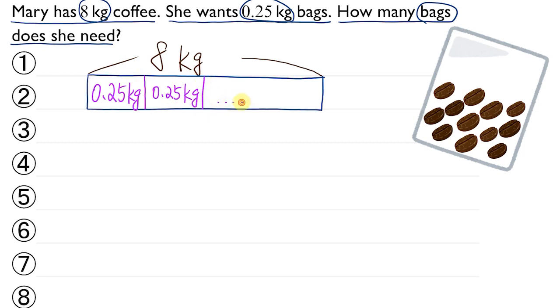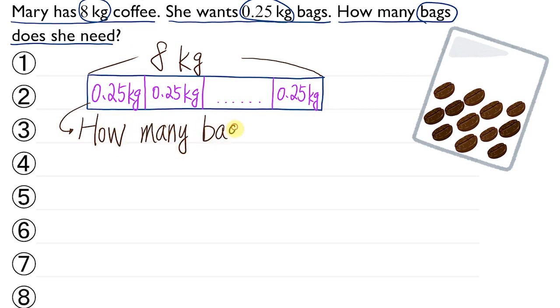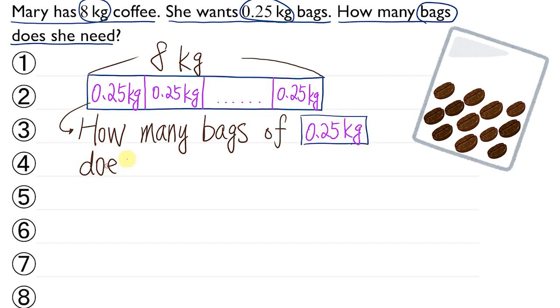We keep going until we finish sorting out the whole 8 kilograms. Now looking at this long bar model, it's clear that the question now becomes how many bags of 0.25 kilogram does she need?